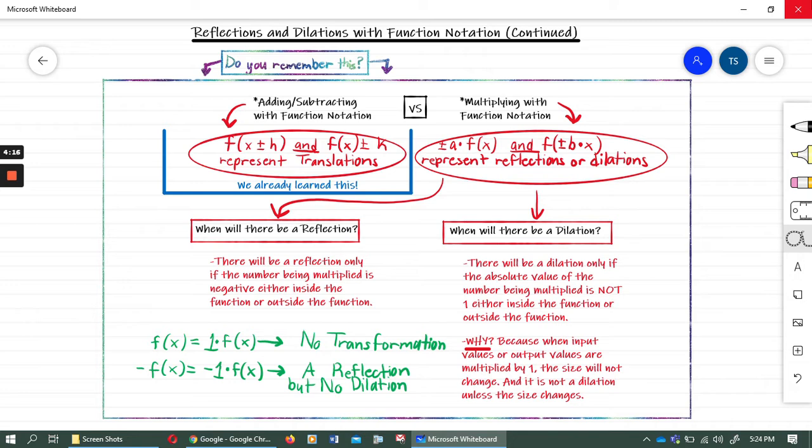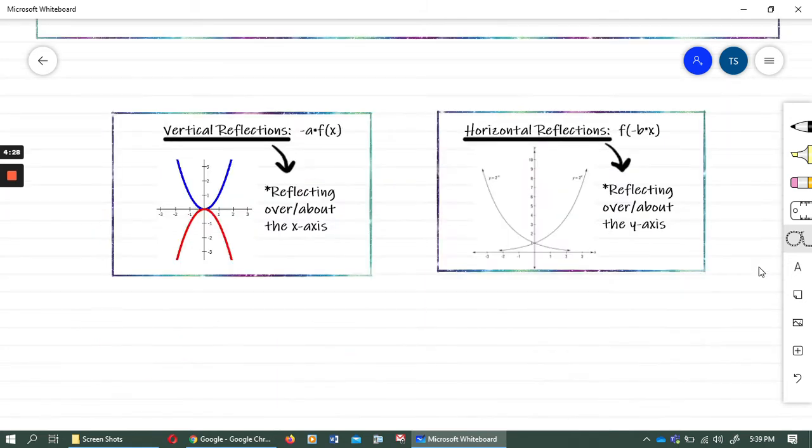Okay, so first we're going to take a closer look at reflections and delve deeper into them. Do you guys also remember us talking about this in the previous video?